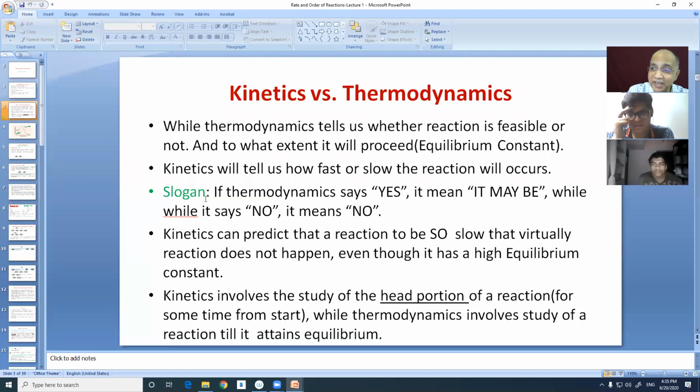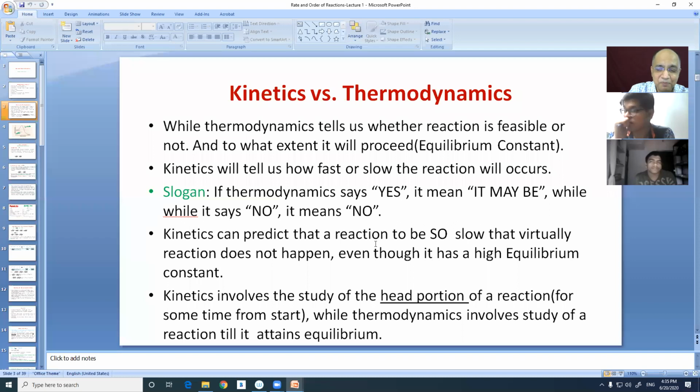I will remind you the famous slogan: if thermodynamics says yes, it means what? It may be. While if it says no, it means no. Why may be?